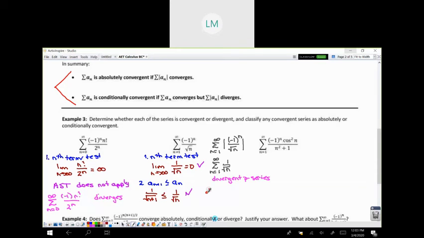So therefore, and normally I write the series down, actually, let's go ahead and do that. The sum from n equals 1 of negative 1 to the n over the square root of n converges conditionally.